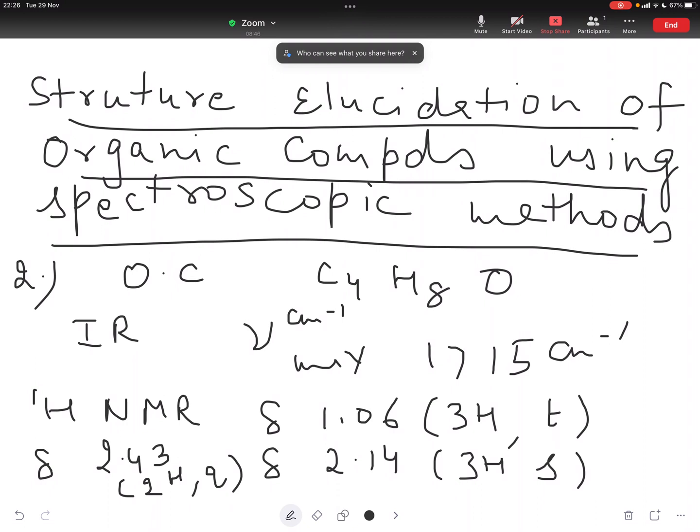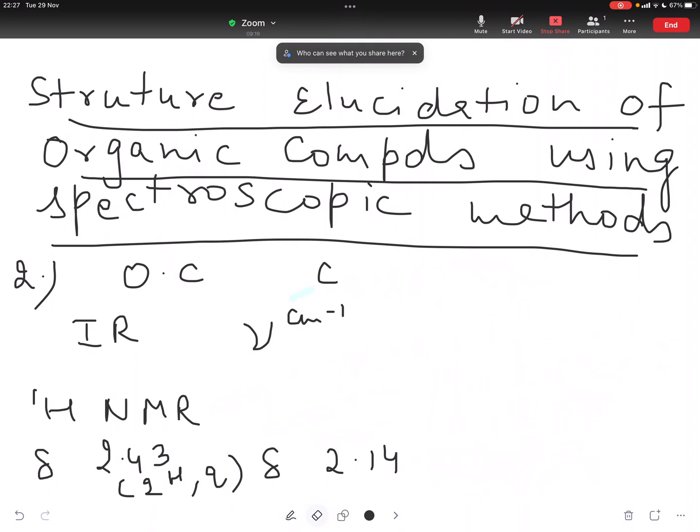Now if we see the spectral data, the band at 1715 indicates the compound contains a carbonyl group, and the molecular formula suggests that the compound is either an aliphatic aldehyde or ketone, because if it is aromatic, at least 6 carbons will be there.